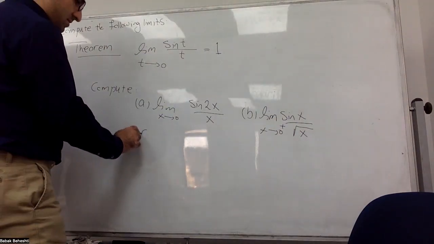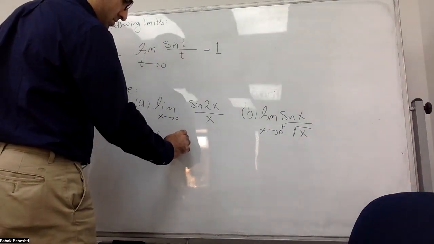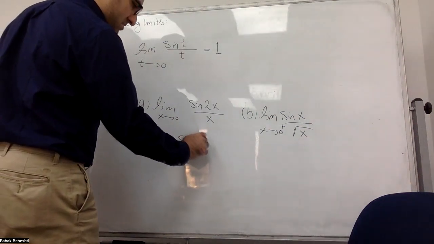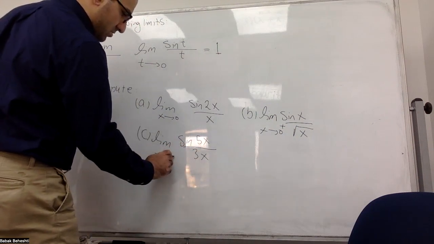And C, limit of sine 5x over 3x, again x goes to 0.